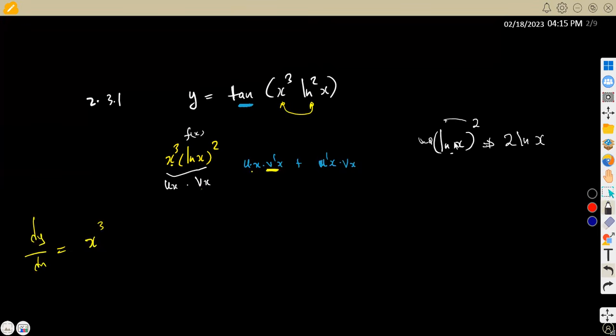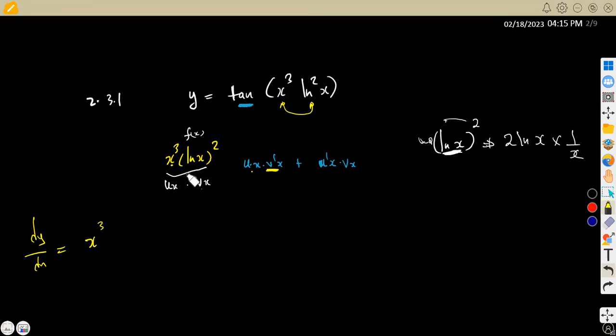Then we find the derivative of the function that we are referring to, which is ln x, and we know that it's 1 over x. This can be written in different ways: you can even write it as 1 over x, then 2 ln x. It depends on the way that you want to write it. So this is what you're going to obtain from this derivative.